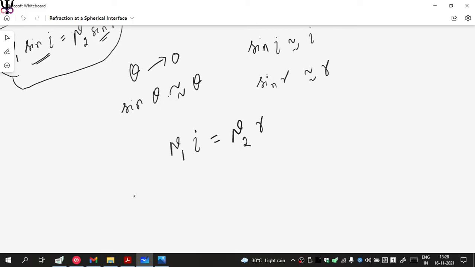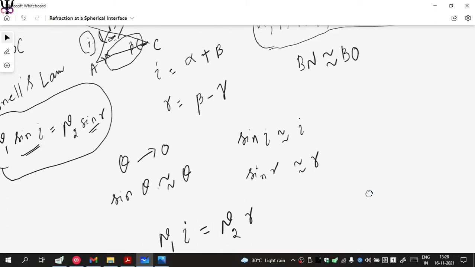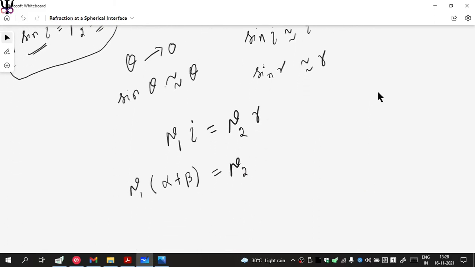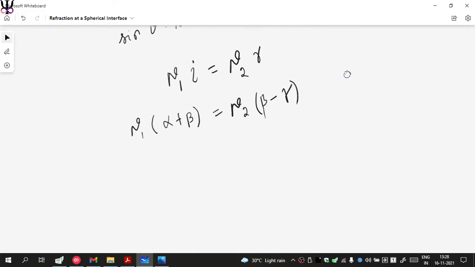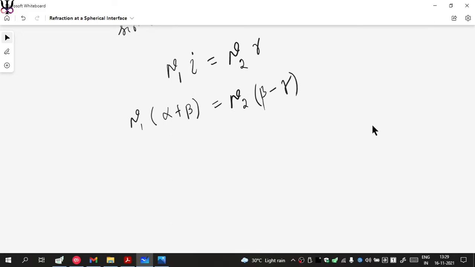So mu1 times alpha plus beta, and on the right hand side we write mu2 times beta minus gamma. All we have to do now is expand both the sides.